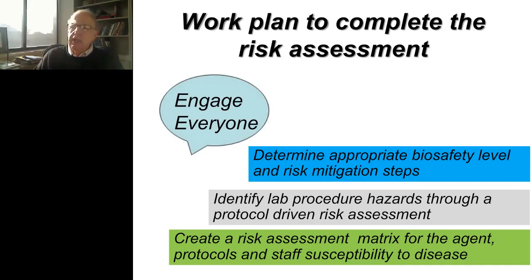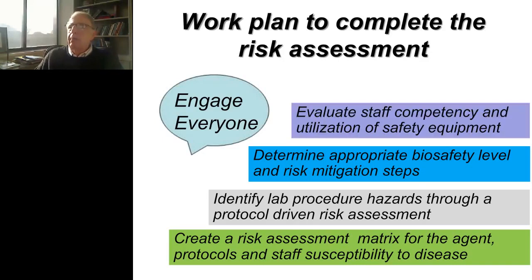So biosafety level, for example, if you're processing TB, that should be performed in a BSL-3. You should consider what needs to go in BSL-3 work and what needs to go in BSL-2. If you don't have a BSL-3, then you may determine that you need to send out specimens to another lab that will do that work in a BSL-3.